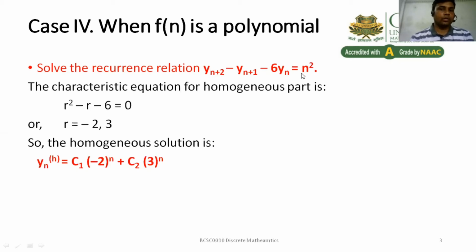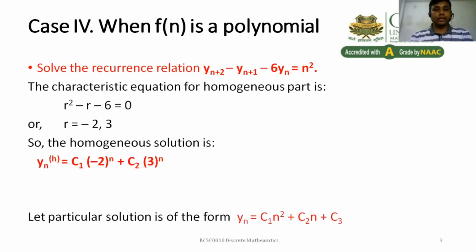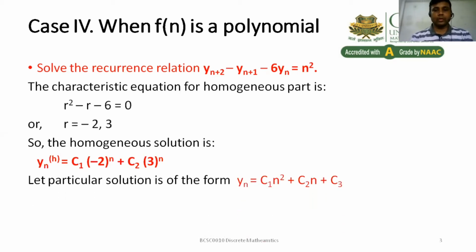Therefore, whenever this is a polynomial, the particular solution is also assumed to be a polynomial of the same degree. Since this is a polynomial of degree 2, we assume the particular solution to be c1 n square plus c2 n plus c3, where c1, c2 and c3 are constants.